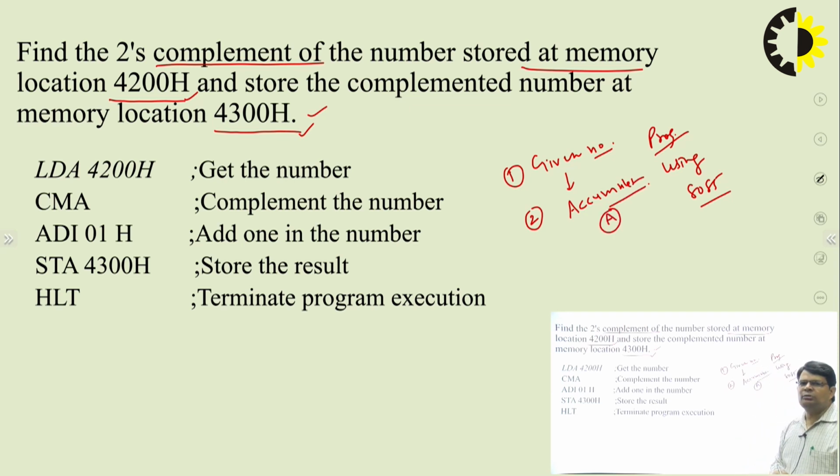This given number is available at 4200. So we have to store this into the accumulator.